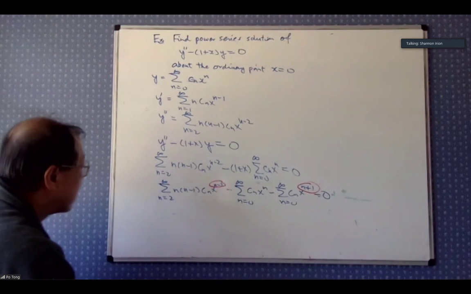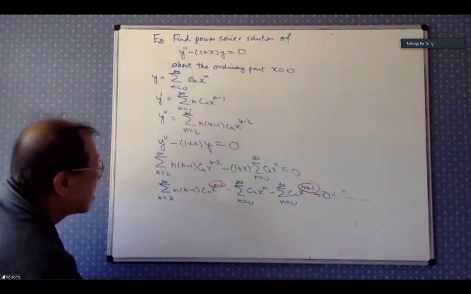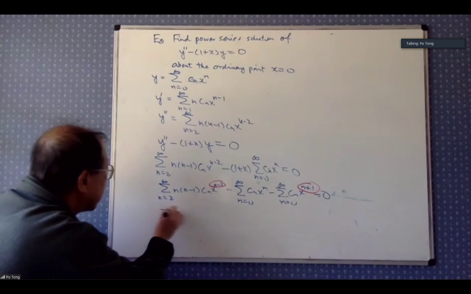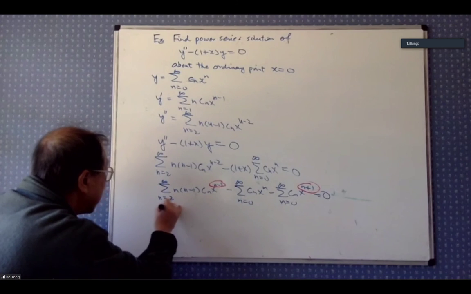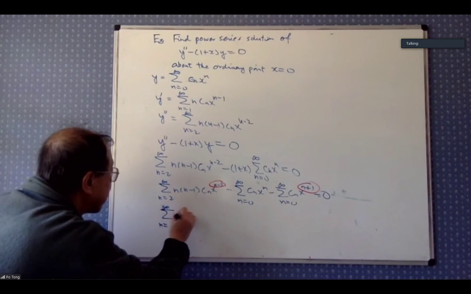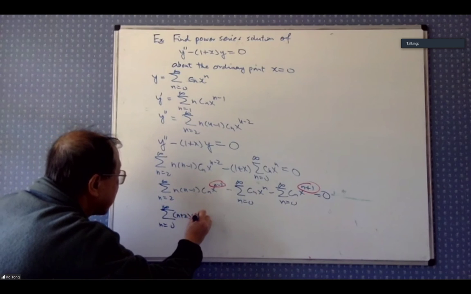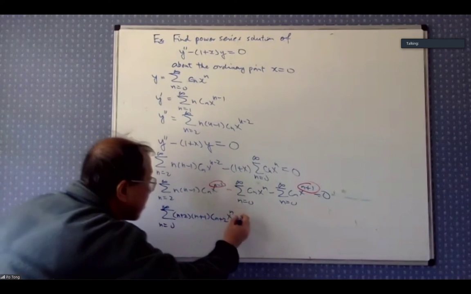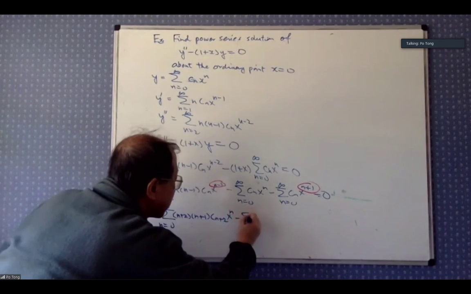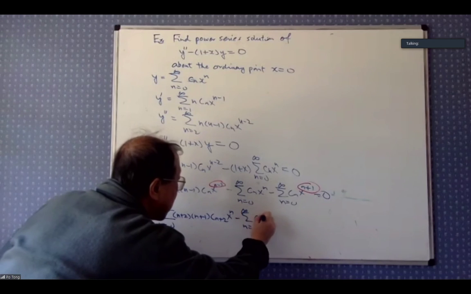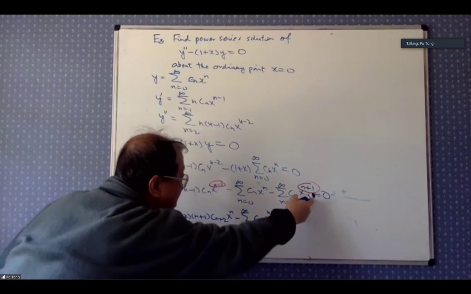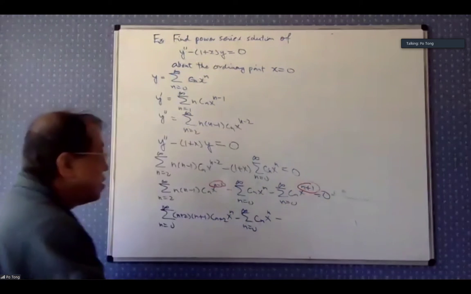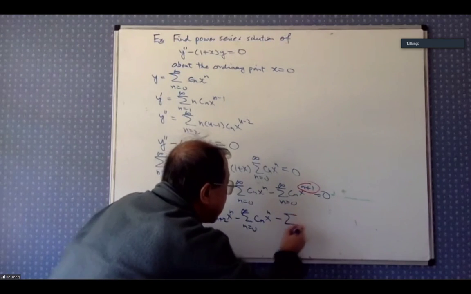First one, n equals n plus 2. This one is going to be n plus 2. Now this one is already x^n, so we don't have to do anything. And this one will be n minus 1, and replace n minus 1.